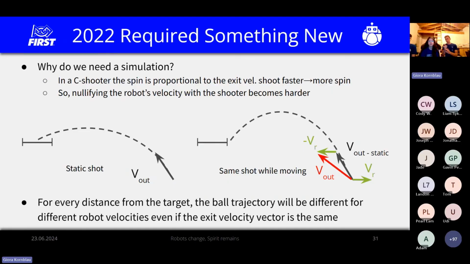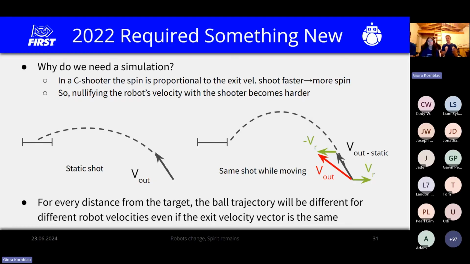So when you shoot faster, it causes the ball to have more spin. As you can see in this picture, when you subtract the velocity of the robot, VR, let's say it's moving right and you want to shoot to the target, you get this V out vector. But the V out vector has a higher magnitude than the V out static vector. So the shooter velocity is much faster, meaning, again, more spin, and this changes the trajectory.